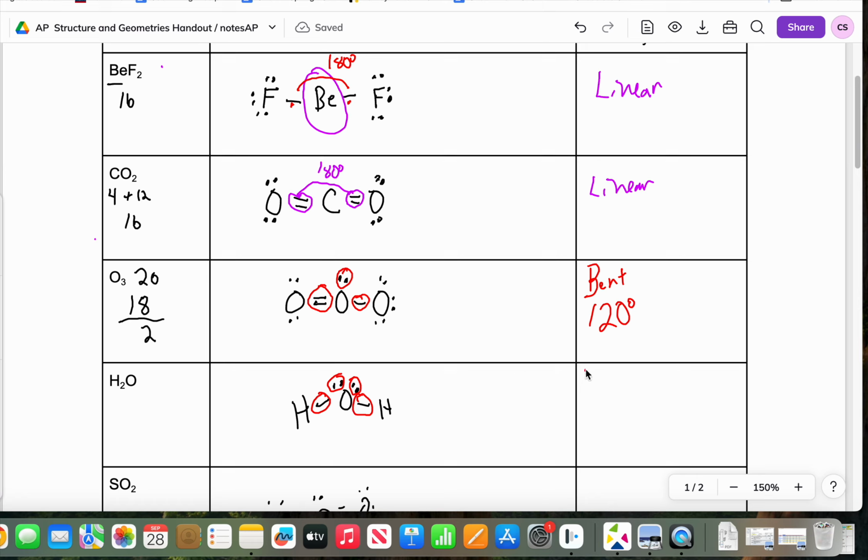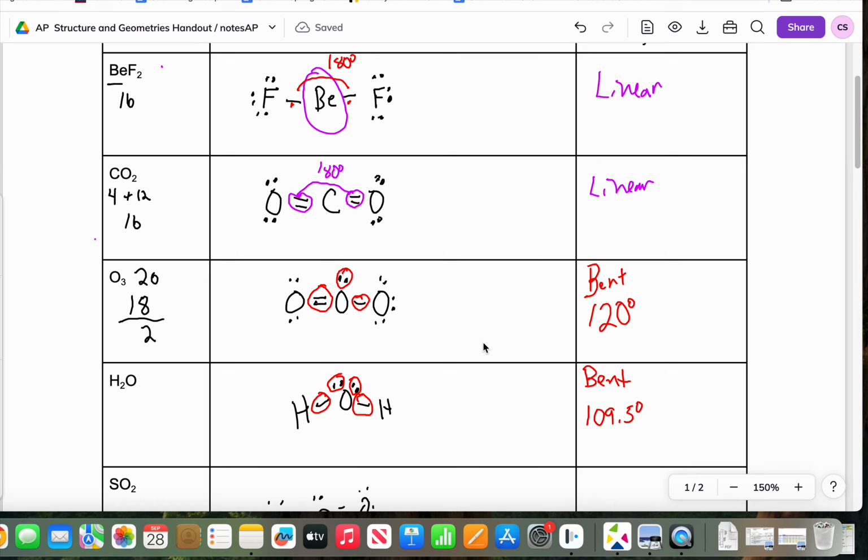That also is going to be a bent geometry, but the bent geometry, when you have four domains, is approximately 109.5 degrees. Technically some people have done their research on this and it's not exactly 109.5, but if you say it's around 109.5, you would be close enough.